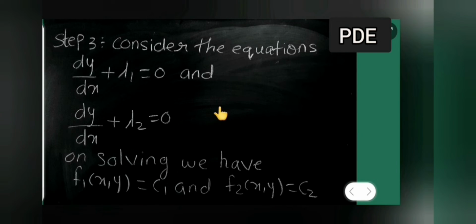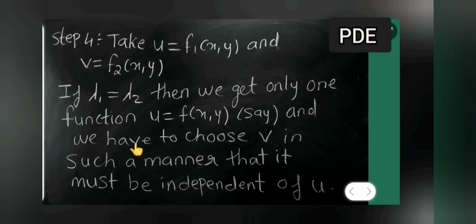Step 3 says: consider the equations dy/dx + λ1 = 0 and dy/dx + λ2 = 0. On solving these two equations, we have f1(x, y) = c1 and f2(x, y) = c2.